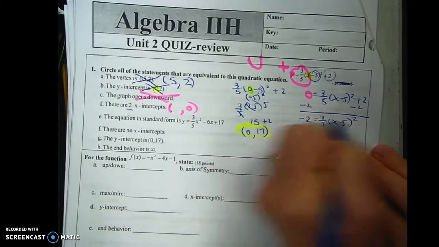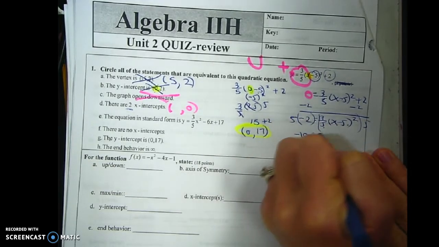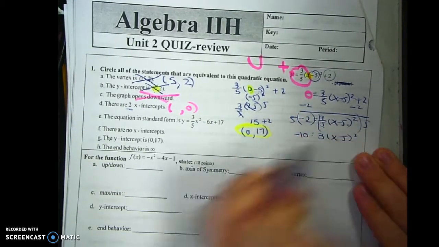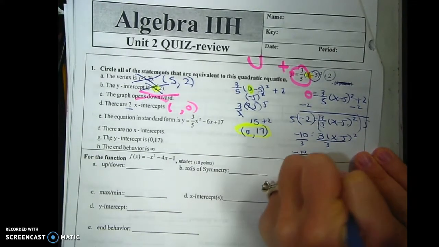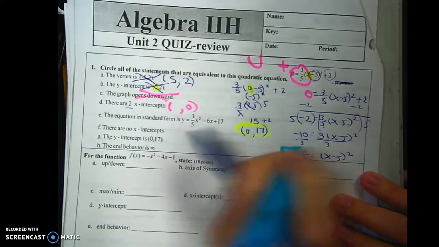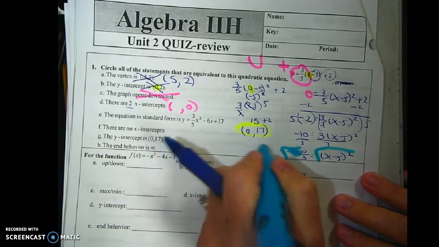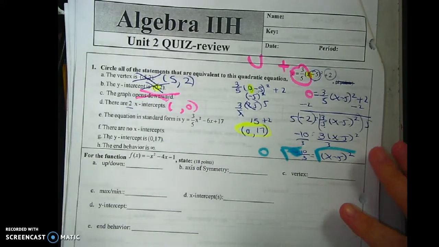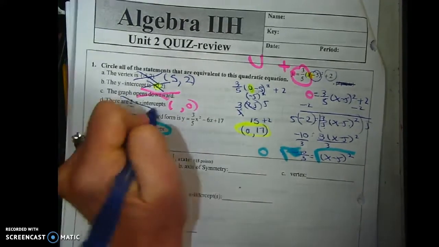I don't like a fraction, so I multiply by 5. -10 equals 3 (x minus 5) squared. Divide by 3. -10 equals (x minus 5) squared. Now when you square root this, because of that negative, it means there are no x-intercepts because your answers will be imaginary. So F is in and D is out.